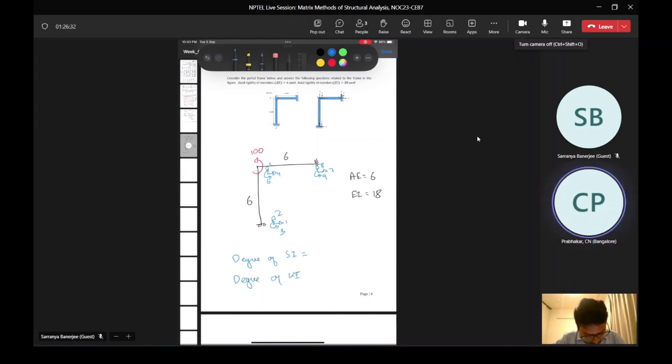I will just write: this is A, this is B, this is C. So what is the degree of static indeterminacy for this frame structure? It is 3. Perfect. Degree of kinematic indeterminacy? Also 3. Yes, perfect.